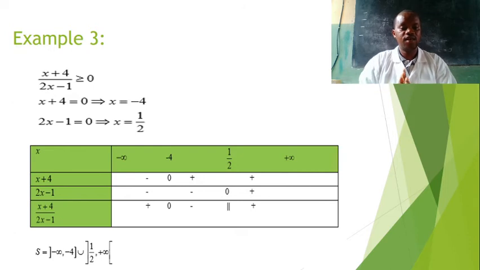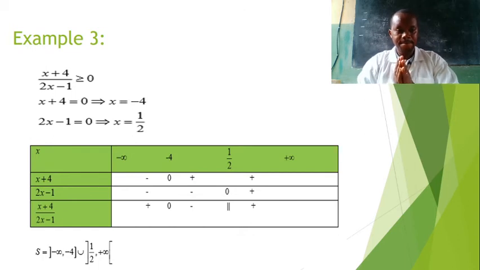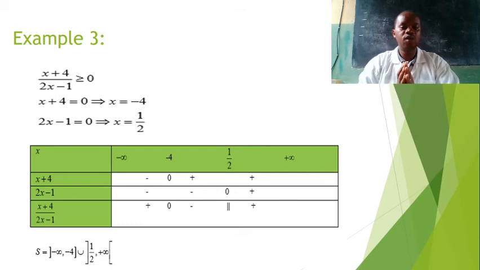And finally, we will have a solution as from minus infinity up to negative 4 included, union from 1 over 2 excluded up to positive infinity excluded. Remember that even though we have the equal sign, the value 1 over 2 makes the denominator equal to 0, so previously we said that that number is not a solution. It will not belong in the solution set.